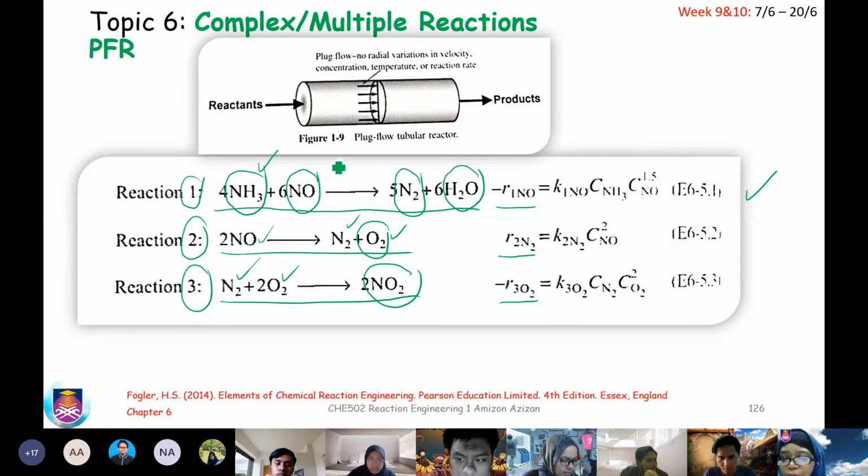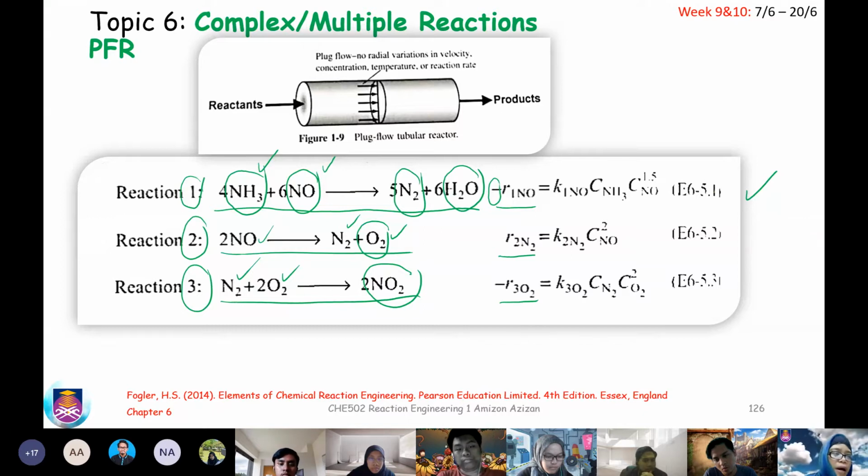We have ammonia and nitrogen oxide as the two reactants. So first, of course, we will start with the rate of disappearance of the reactant. But which reactant are we going to consider? Now we are going to write based on the key reactant. We got two candidates, ammonia and nitrogen oxide.